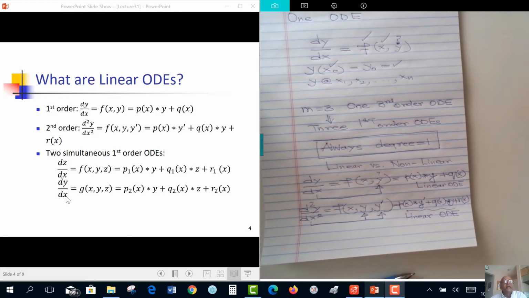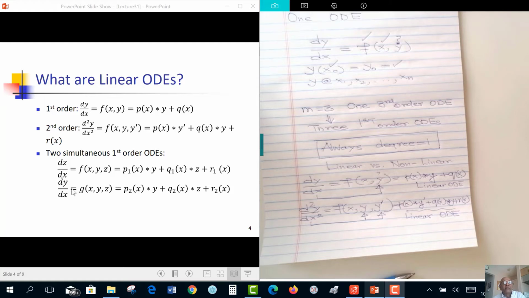In the same way, suppose we want to write two first order ODEs. Two first order means we have two unknowns, y and z. First we'll write dz dx is a function of x, y, and z. If it was to be a linear differential equation, same thing, we'll have something times y plus something times z plus a remainder, and these could all be functions of x.